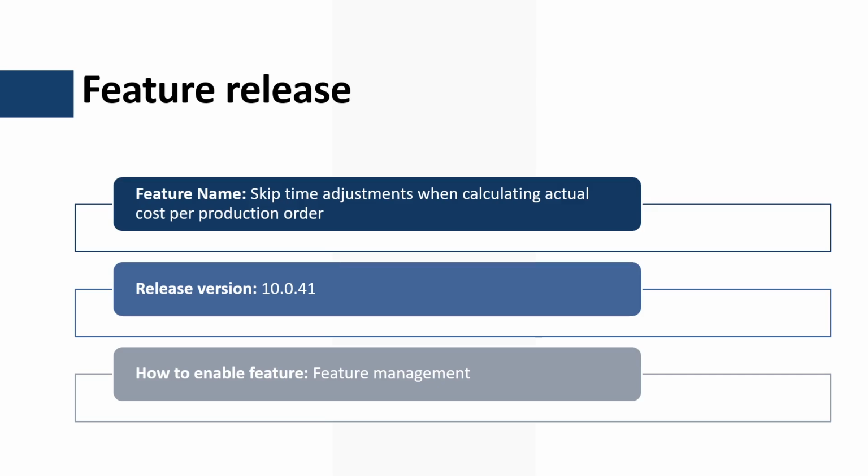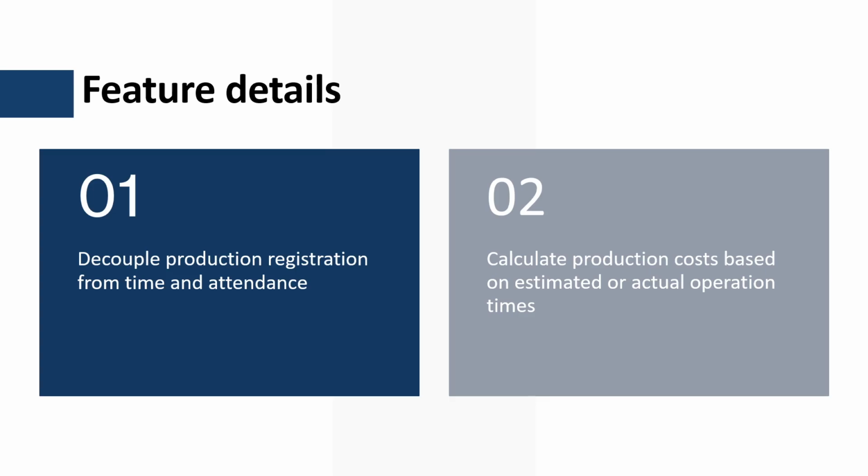This feature is available since application version 10.0.41 and it's managed by the Feature Management workspace. This feature streamlines the manufacturing execution and costing process by two options. The first one by decoupling the manufacturing execution from the time and attendance process.